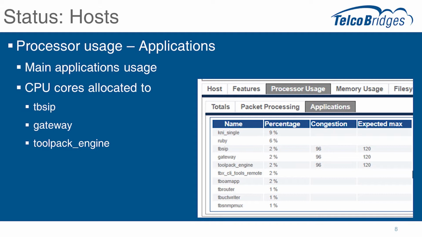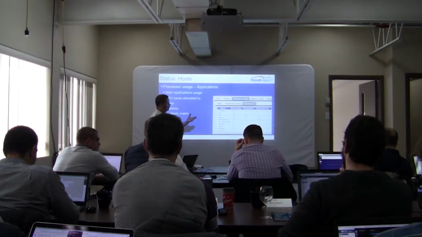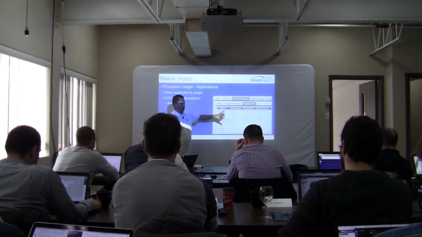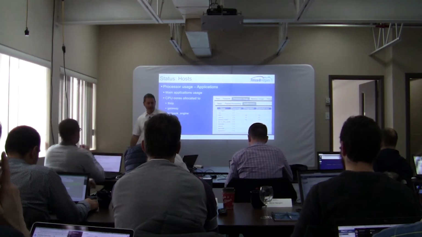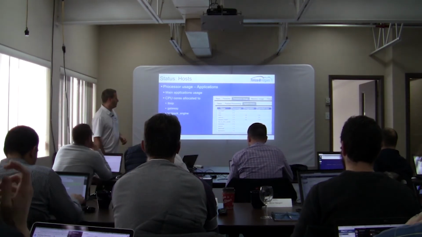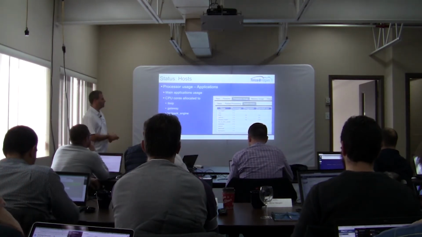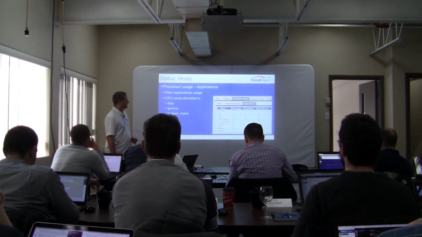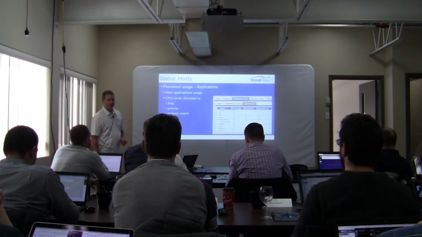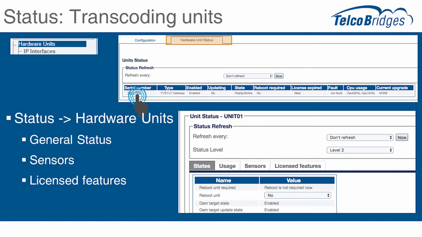Either you need to add more cores if all the applications are running on the same cores, or you need to increase the speed of the CPU to allow for more calls through the gateway application. So this is a good metric to see.